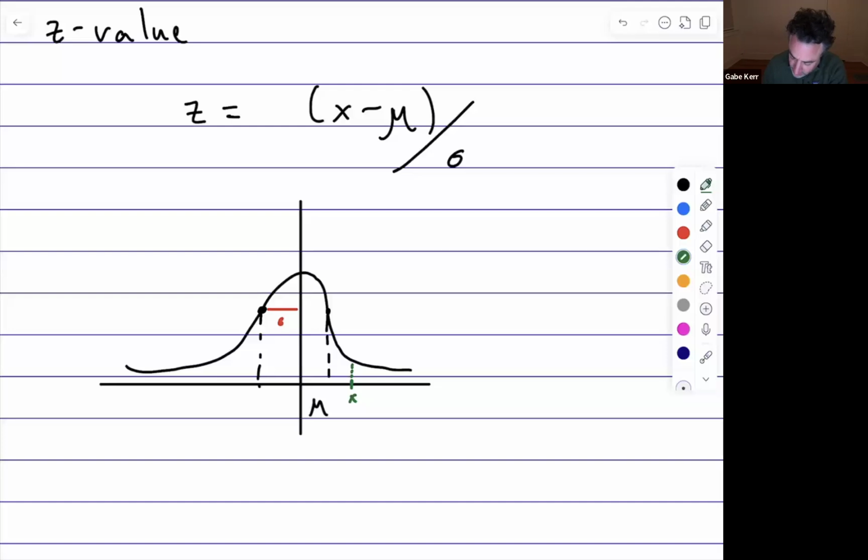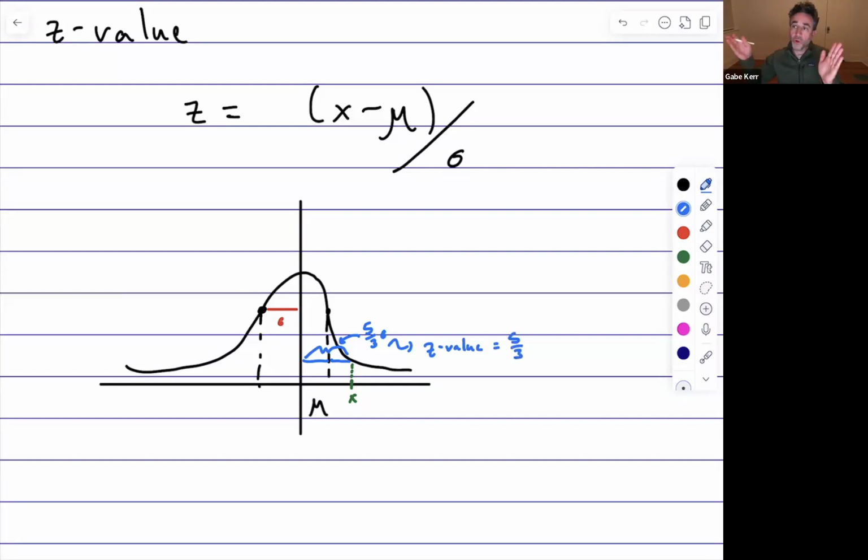When I look at how far it is, this distance here is 1 and 2/3, which is 5/3, times the standard deviation away from the mean, which would mean that the z-value of x is 5/3.